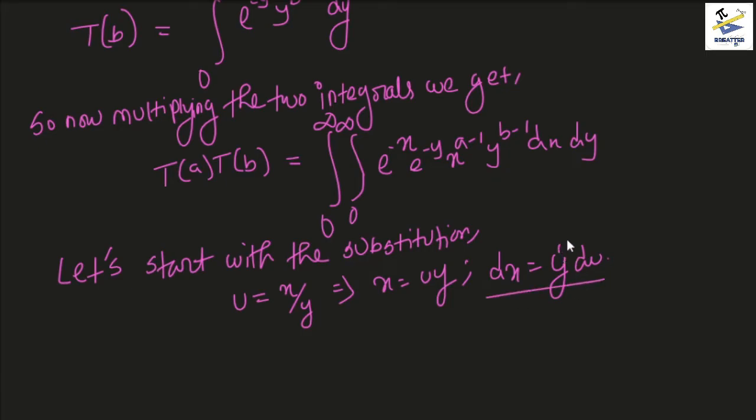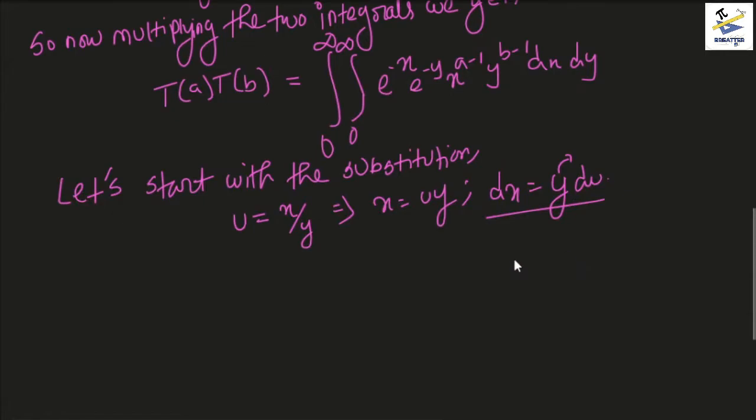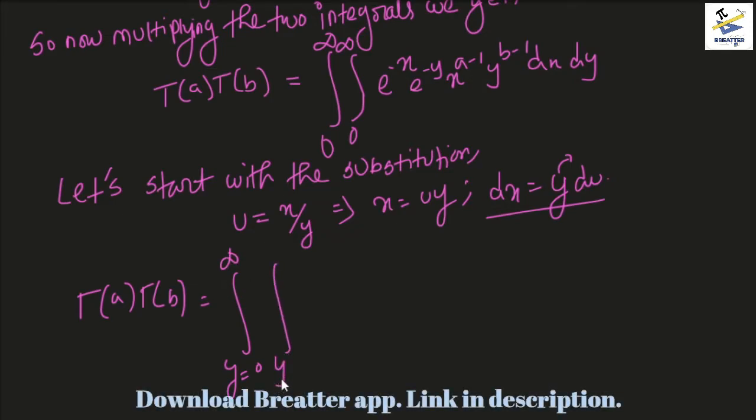Because we have kept y constant, or let's say y fixed rather. So what will this give us? This will give us gamma of a into gamma of b would be equals to, the outer limit was y equals 0 to infinity, so it's a good time to start naming. And this now would be basically u equals 0 to infinity.